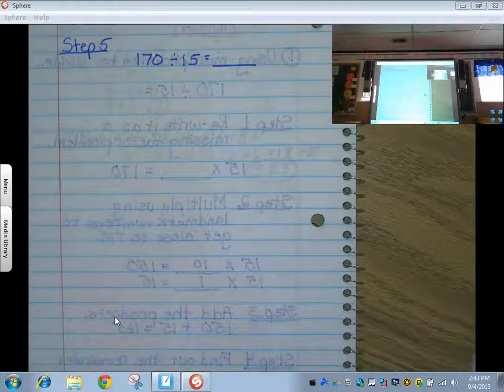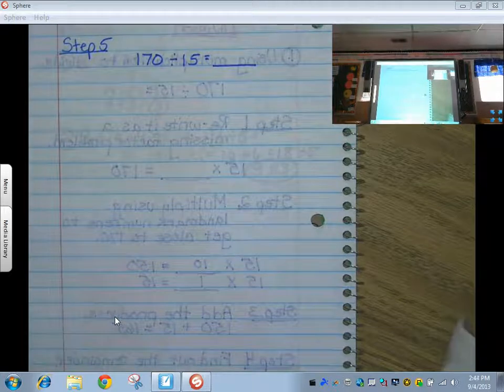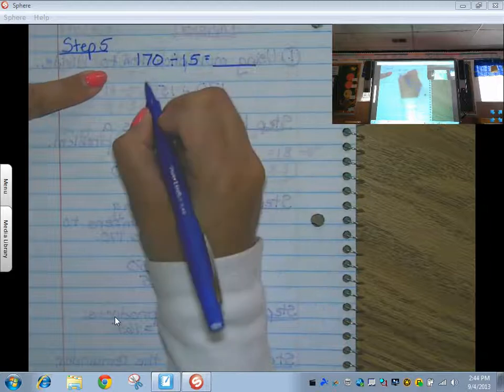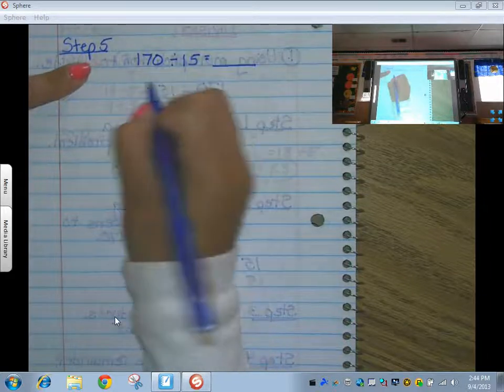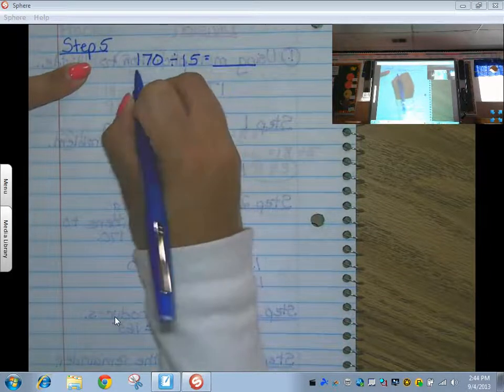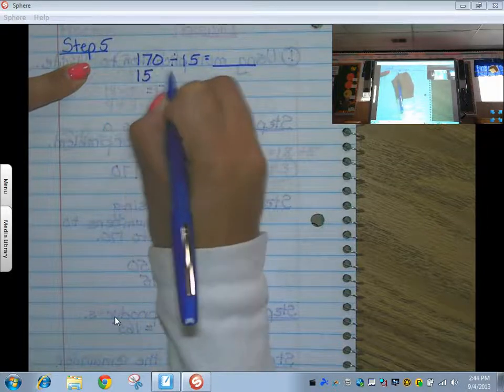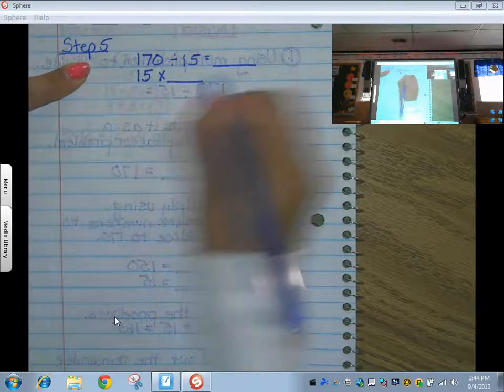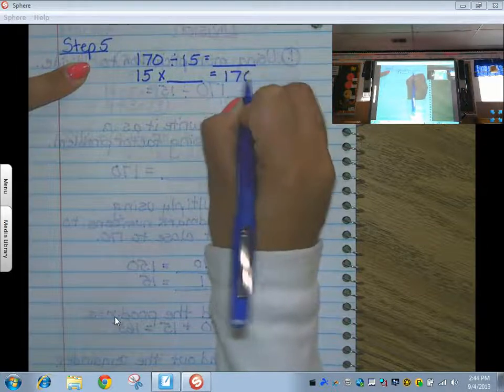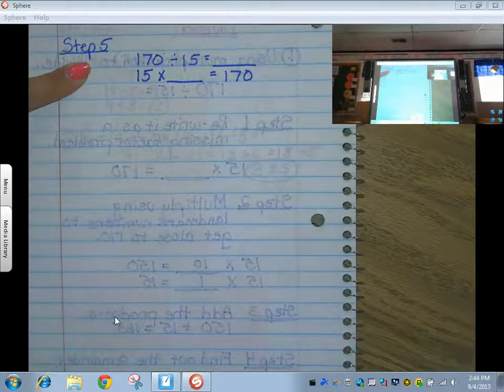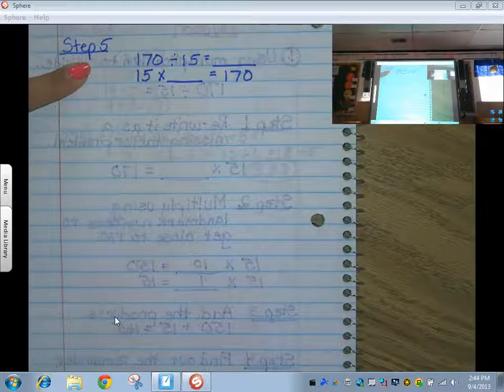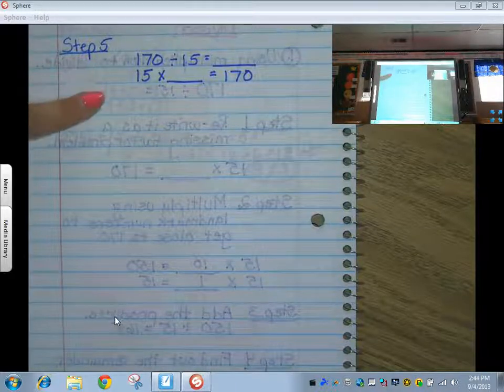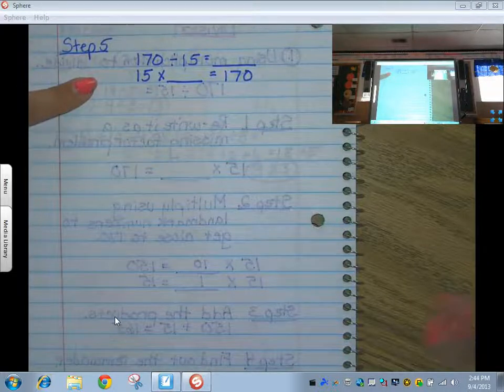Then, we decided to try a landmark number. So we started with 15 times 10, which was 150. We knew we could fit more 15s, so we figured out 15 times 1, which was 15. If I line my numbers up over here, Jacob came up with a helpful hint.